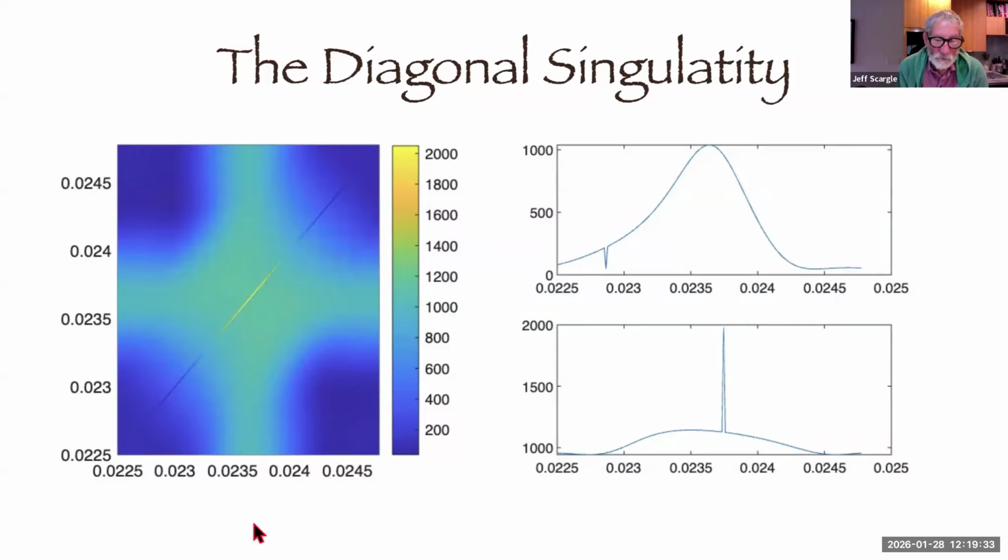On the right are some slices, one horizontal and one vertical slice at different locations, showing that when that slice intersects the diagonal, there's a discrete jump. So I guess this is the answer.